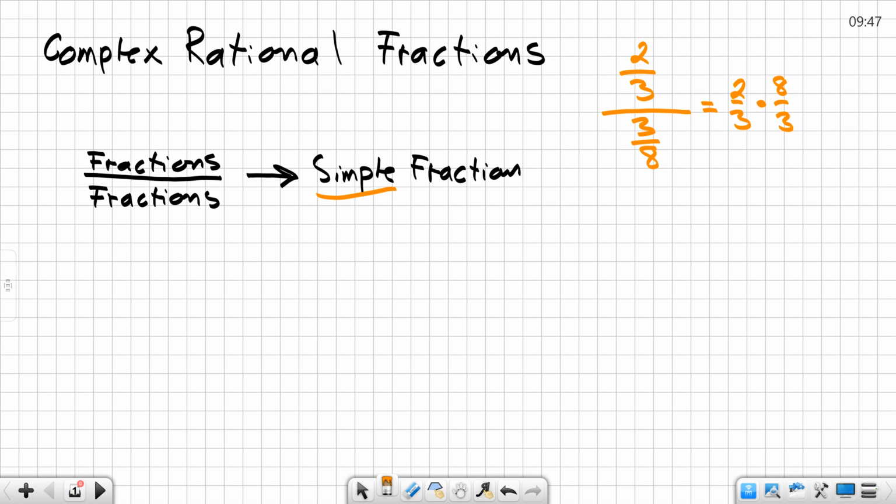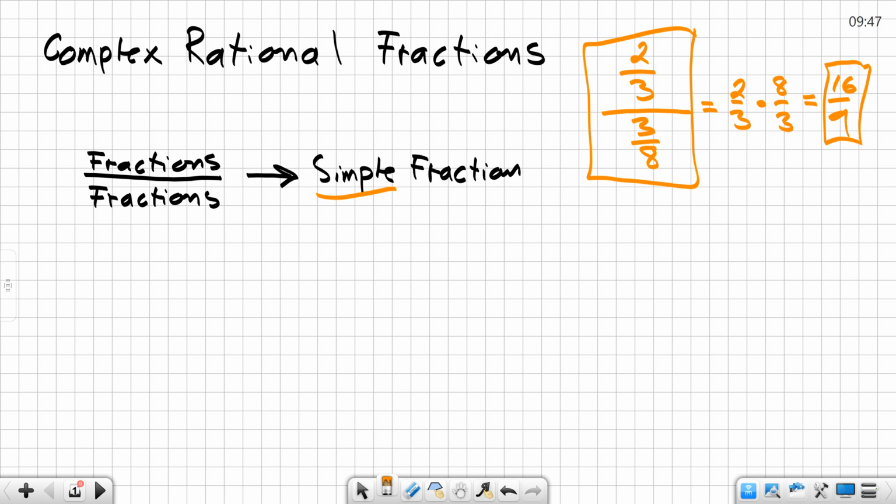So 3/8 will turn into 8/3. And now we are out of luck. There is nothing that can be simplified. So I would end up with 16/9. This right here is a simple fraction. This right here was a complex fraction.